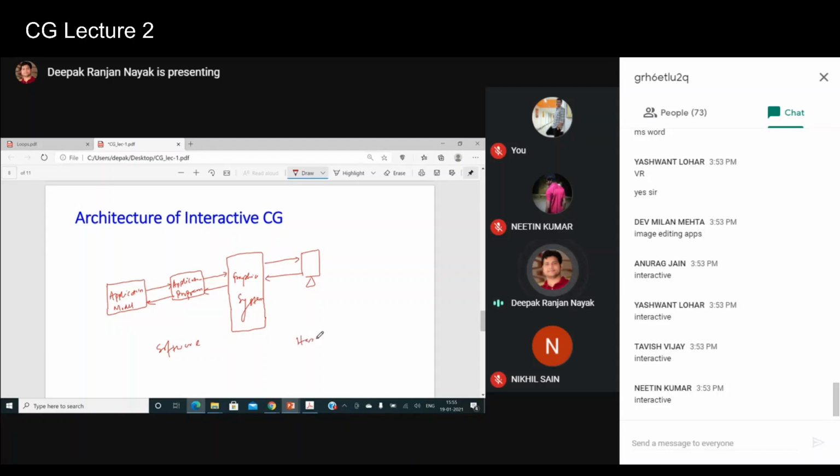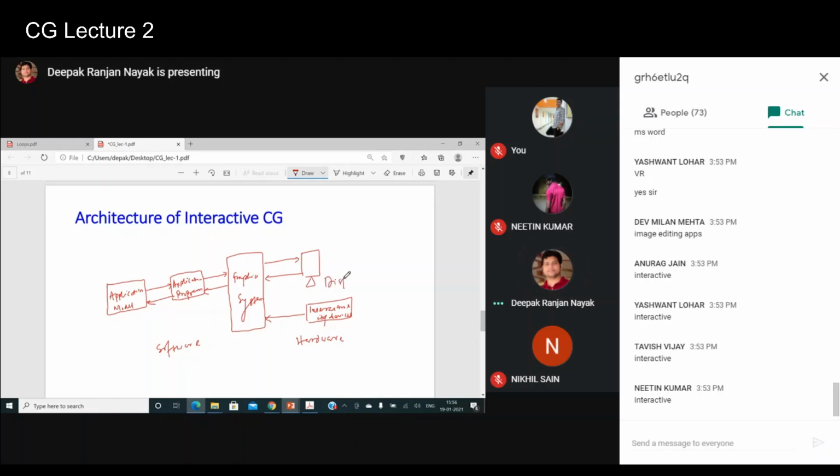Here we are talking about the hardware part. Here we have something called interactive devices, so input devices we can put here.